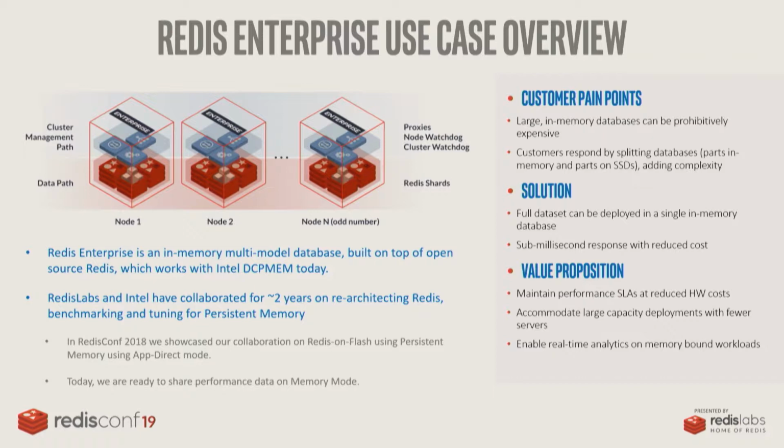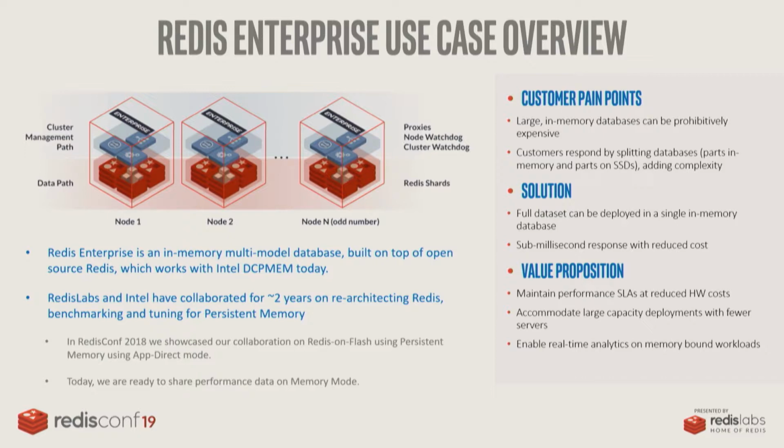But the key customer pain point that we're solving is that DRAM is expensive, and Redis is an in-memory database. And many customers face a problem when they start scaling to multi-terabytes and petabytes. DRAM becomes too costly to fit all their data in Redis.